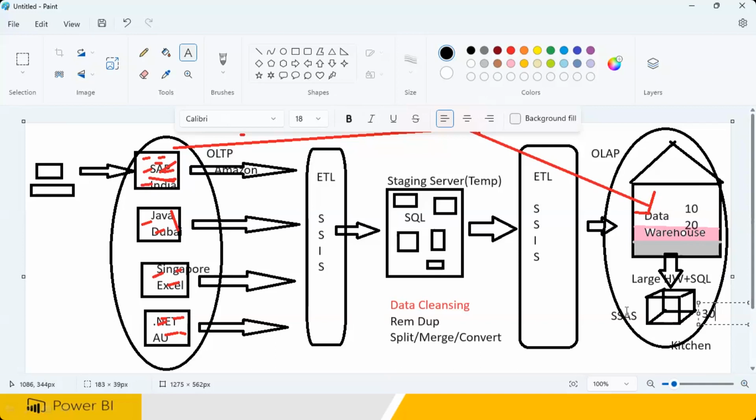Clear? SSIS is going to go to the data warehouse, get the data, and create a lot of sales. What is the total sales? Millions of numbers I need to sum. Billions of numbers I need to sum. What is the sales in India? What is the sales in Dubai? What is the sales for Apple iPhone model number 15? What is the sales for Apple model number 14? What is the sales for South India?